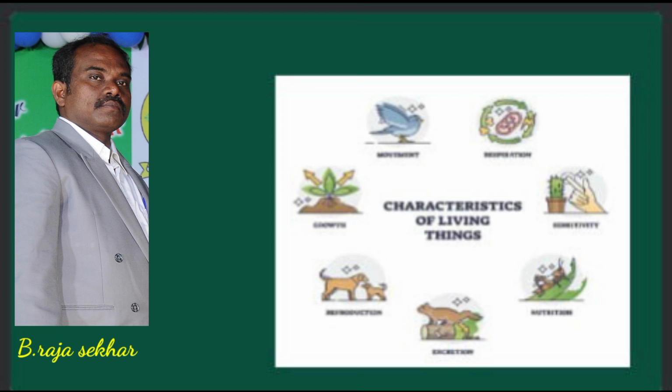In every living organism, different types of characteristics or features occur: movement, respiration, growth, sensitivity, reproduction, excretion, and nutrition.